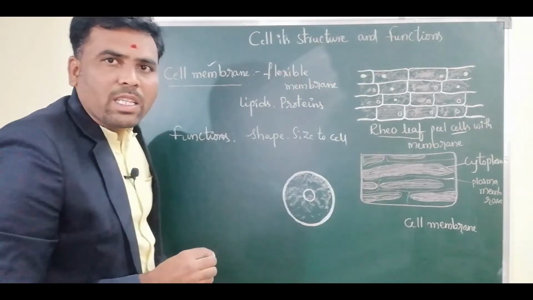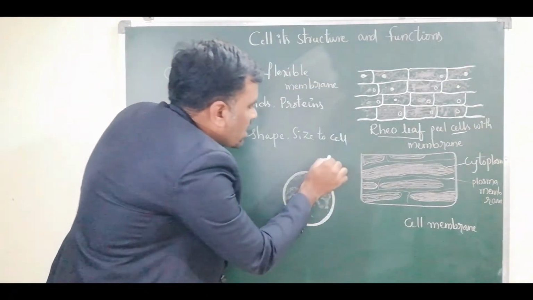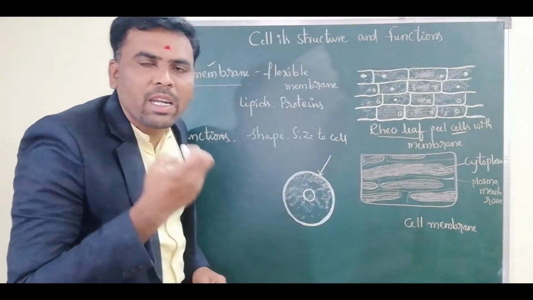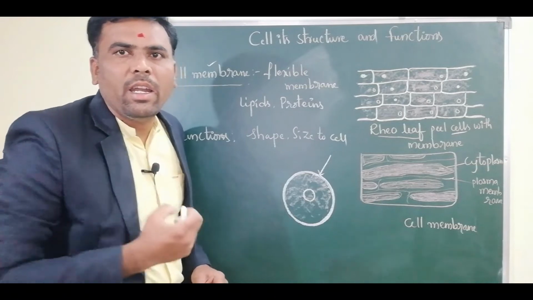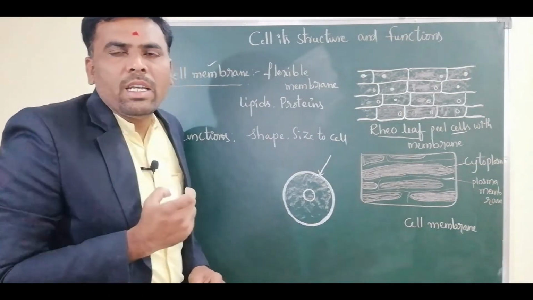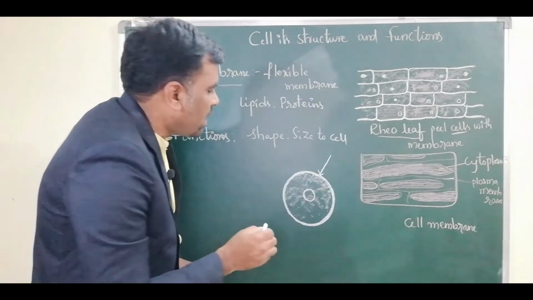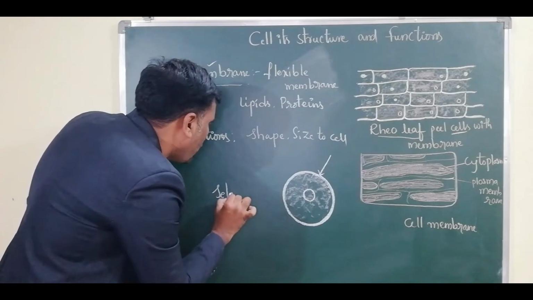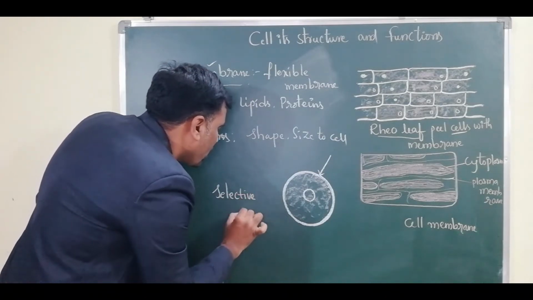Next, the cell membrane allows only selected materials, those which are essential to the cell to carry out different kinds of metabolic activities. That is the reason the cell membrane is also known as selective permeable membrane.